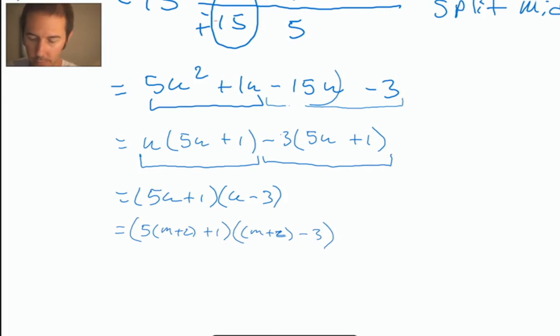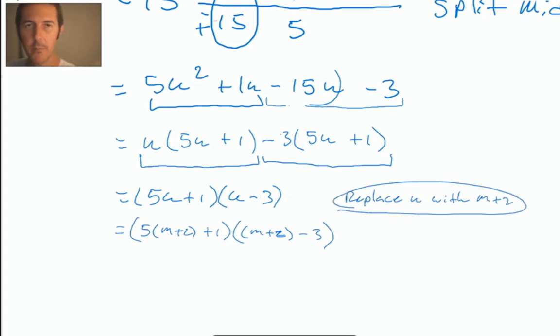You could write a little note over here that says replace u with m plus 2, however you want to write it. I typically say back substitute or substitute back. But you write it out in your little annotations over there, however is going to make most sense to you.